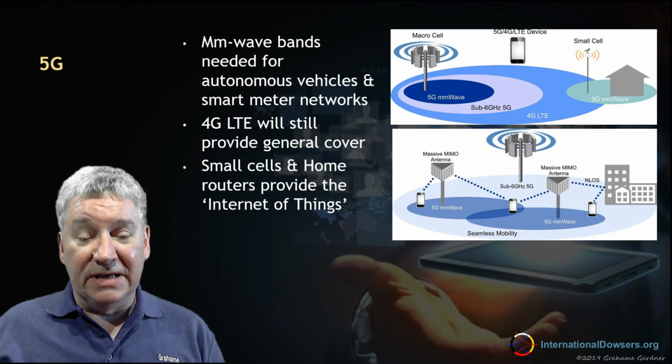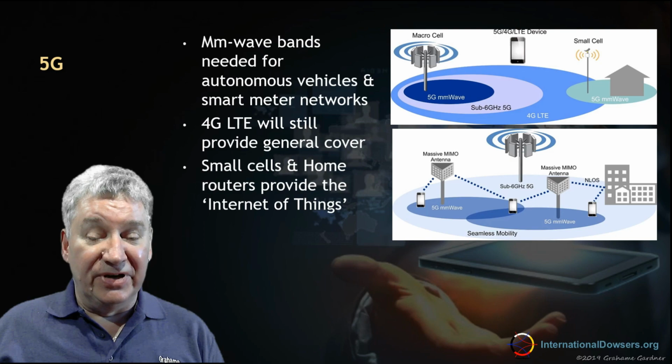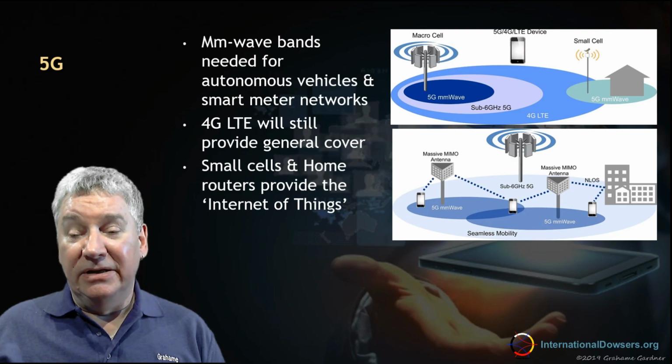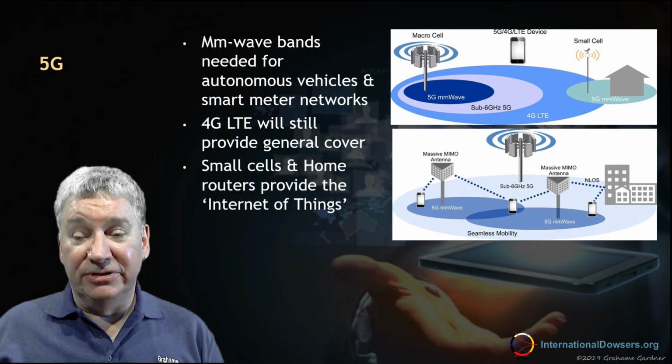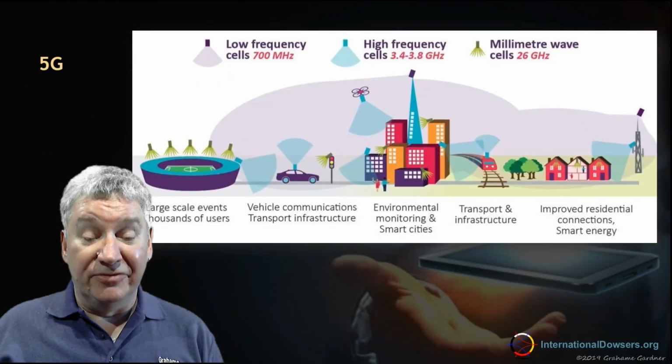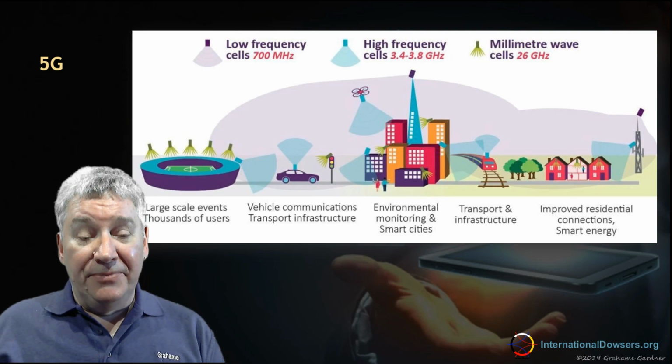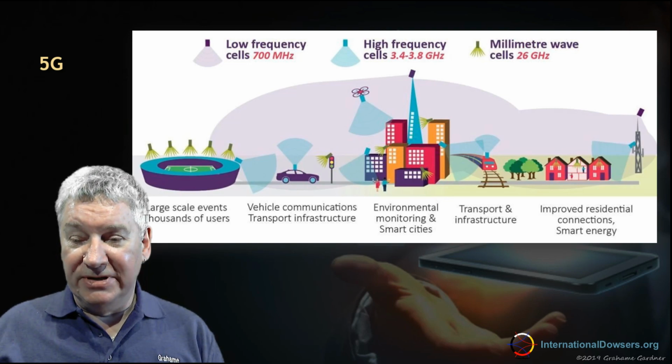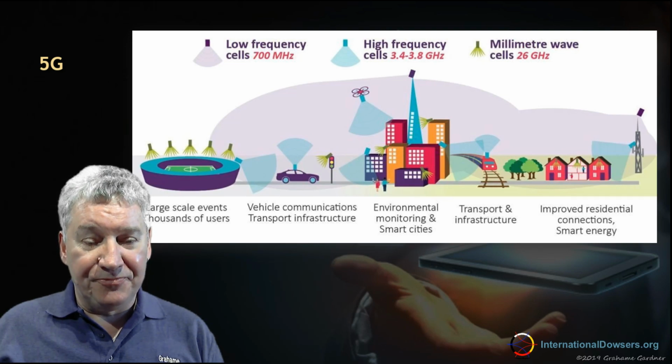The small cells and the home routers are going to be required to provide the Internet of Things. So they will be wanting you to put in a home router, or they'll be putting a small cell outside your house in order that you can get 5G coverage inside the house. So this is the general picture of how things are proposed. We'll have a general coverage from low frequency cells.